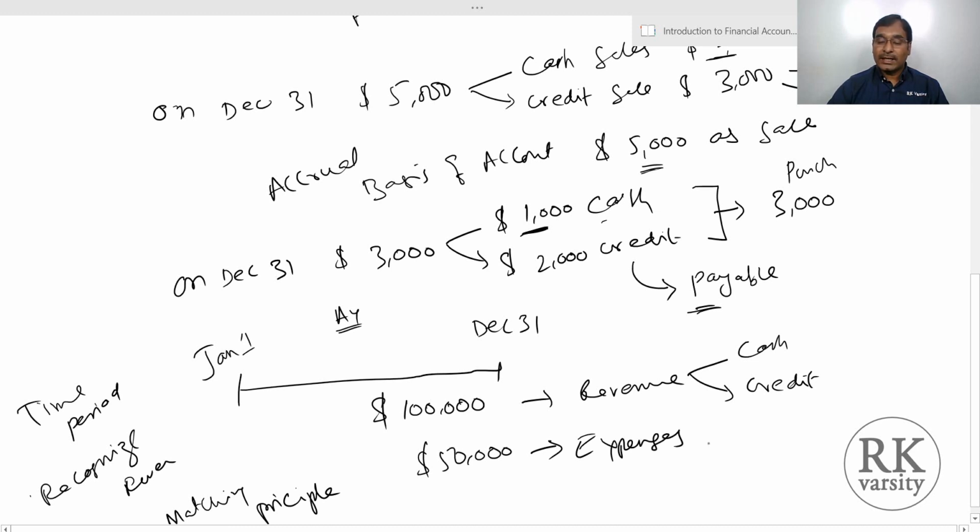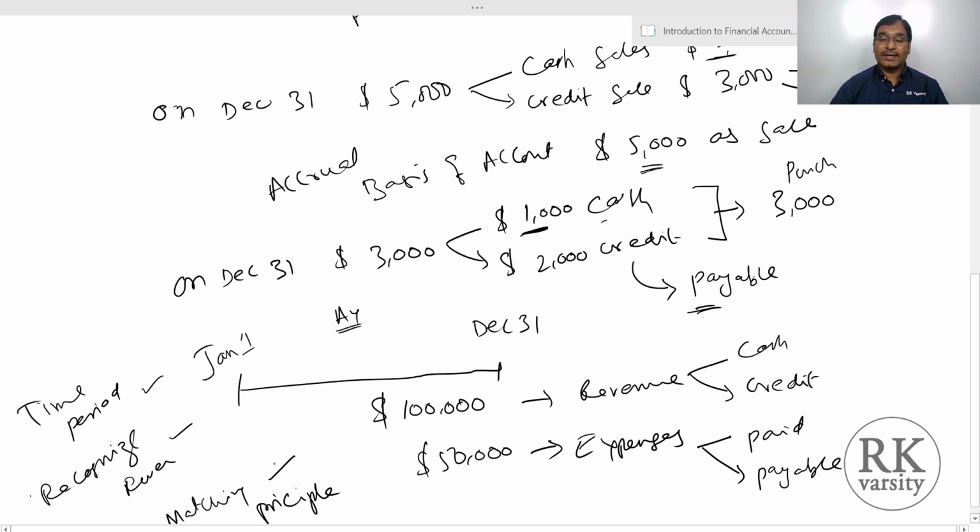Again, these expenses, whether paid or payable, doesn't make any difference. So these three principles, that is time period, revenue recognition and matching principle, play an important role in accrual basis of accounting.